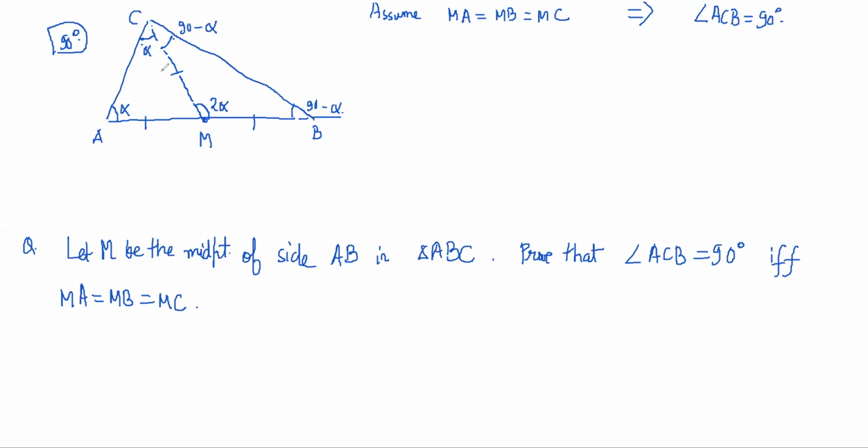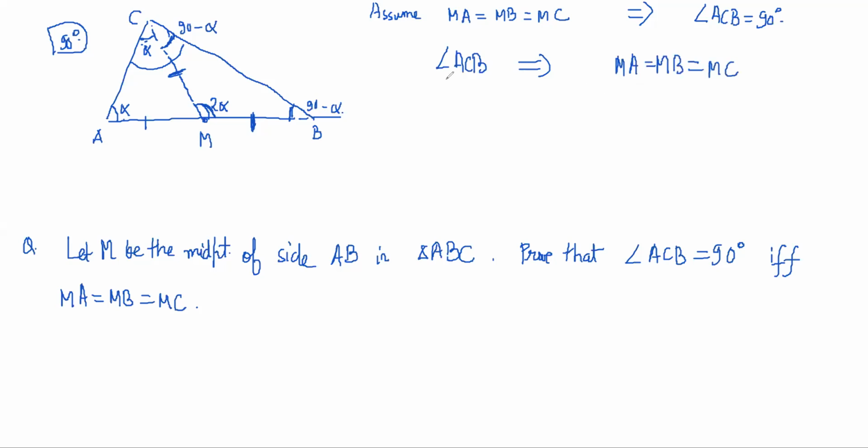So what we are getting is, this is alpha, then this is 2 alpha, and because this is 2 alpha and this is isosceles, you will have 90 minus alpha here, because the total has to be 180. And 90 minus alpha plus alpha, this angle has become 90. Now we have to assume that it is 90 and prove that MA is equal to MB is equal to MC.